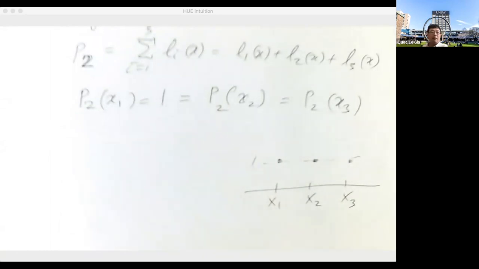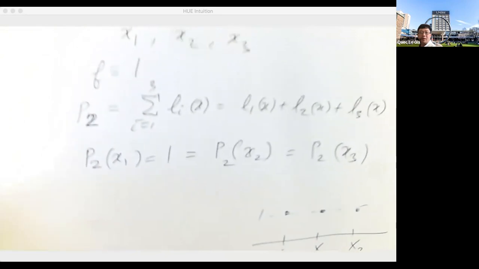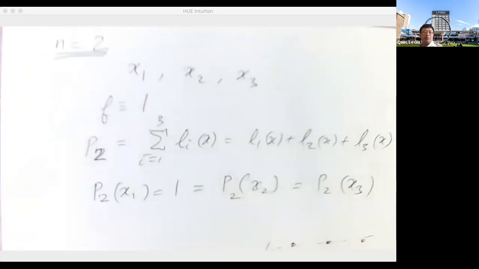Remember, Pn is degree n, because we have n plus 1 points and we interpolate by Pn, which is degree n. Here n equal 2, so what is the degree of P2? Yes, 2. Remember, Pn is a degree n polynomial.